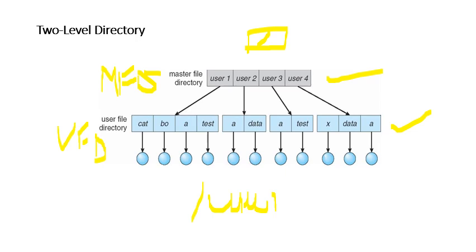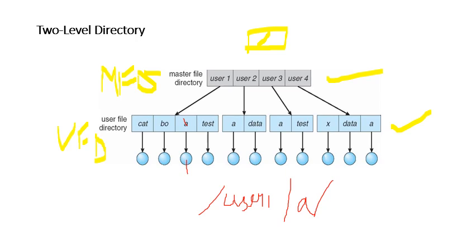So slash, user1 or user2, this is the master file directory, and next you can give some user file directory, like a simple letter A. And then you can give the related file name. This is called a two level directory.